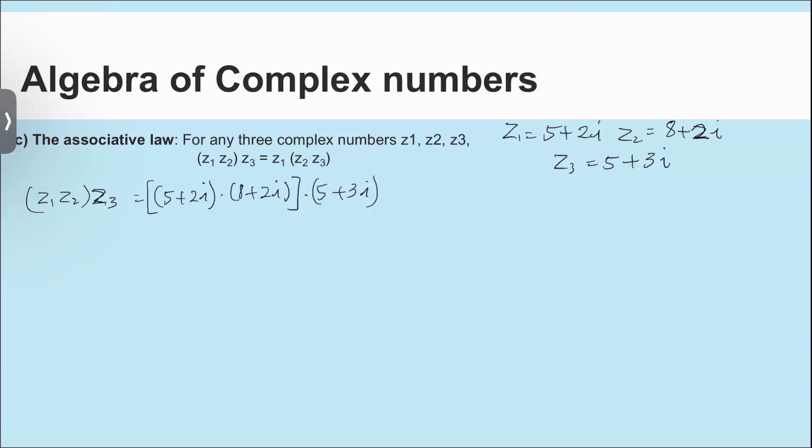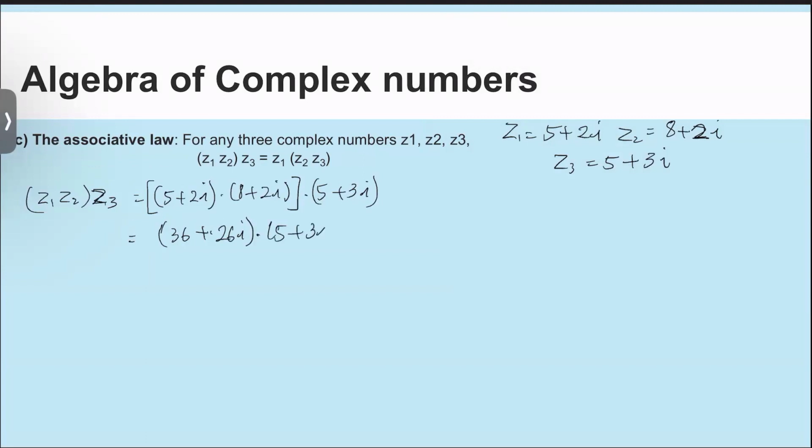Now this we already saw in the previous example, so that was actually 36 plus 26i, then 5 plus 3i.